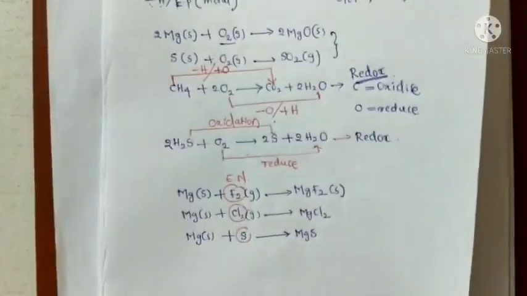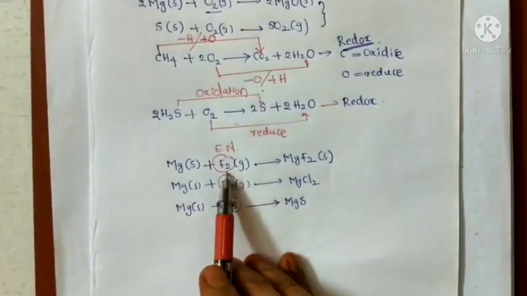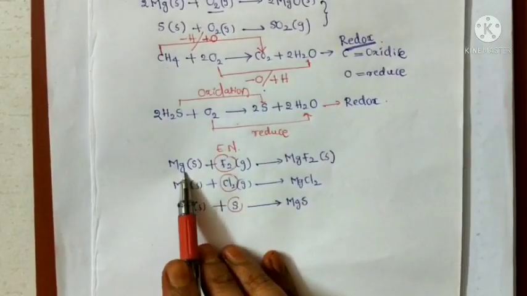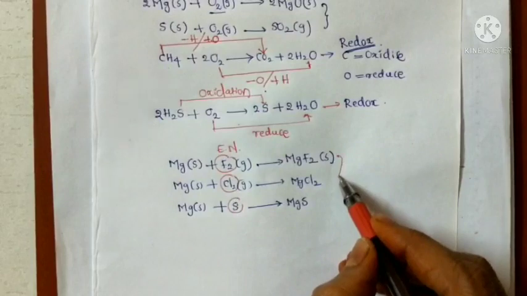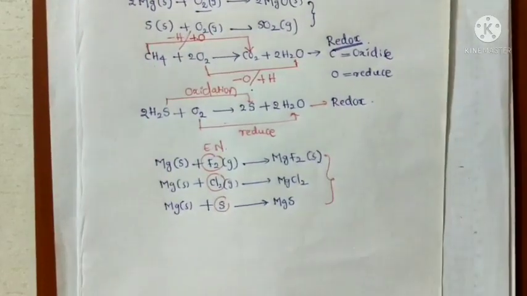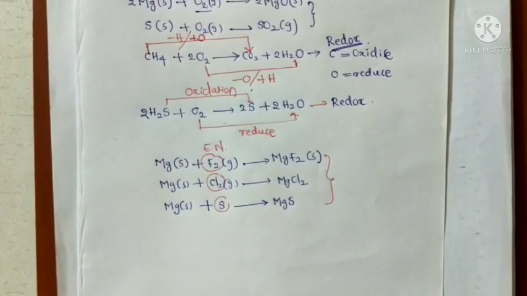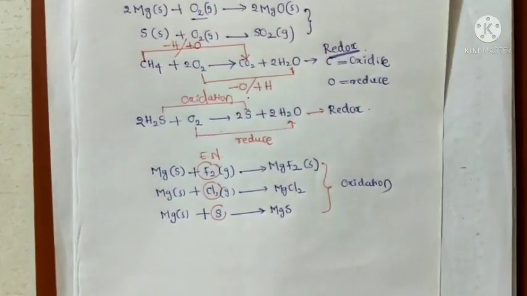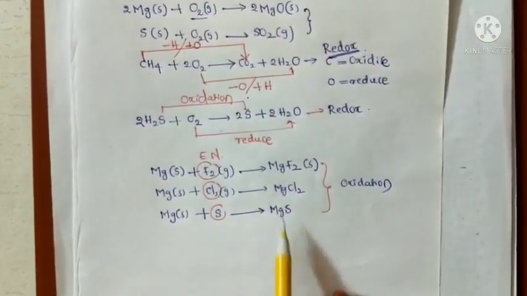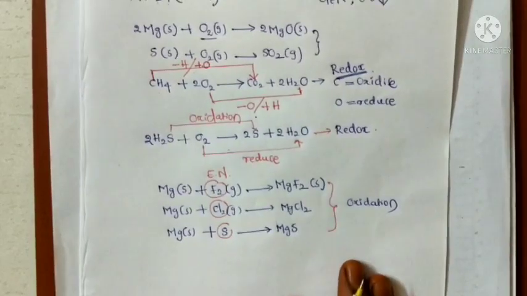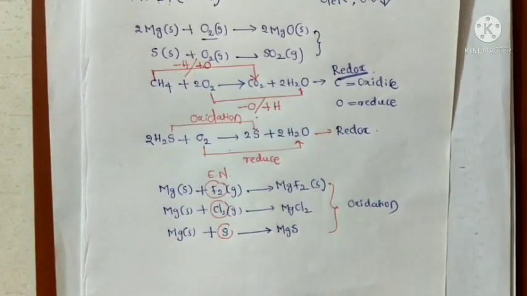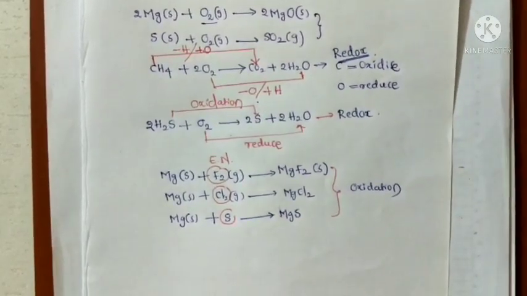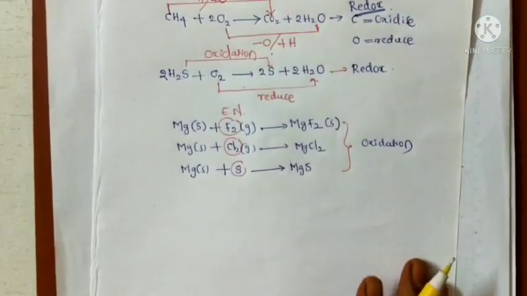So here we add the electronegative element, that means non-metals are added to the substance. That's why these reactions undergo oxidation. So these are the examples for addition of non-metals: fluorine, chlorine and sulfur.